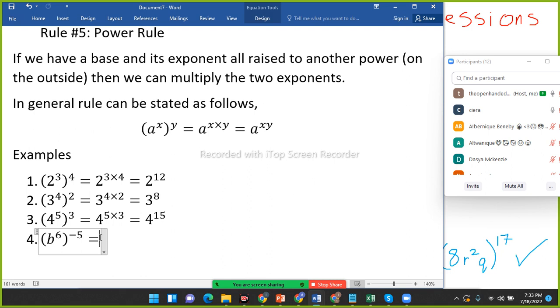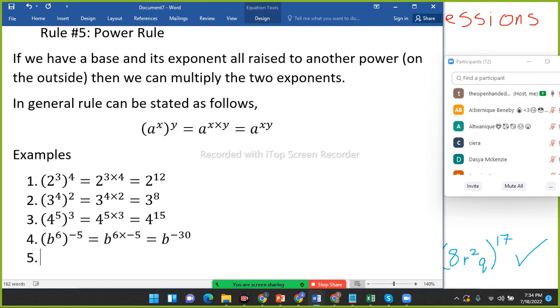So b to the power of 6 times negative 5, and we know that 6 times negative 5 is negative 30. So it's going to be b to the power of negative 30. Right, so that's that.